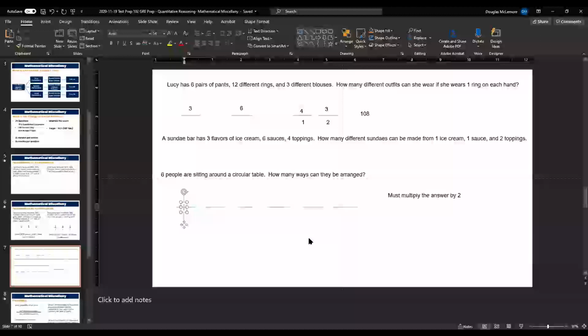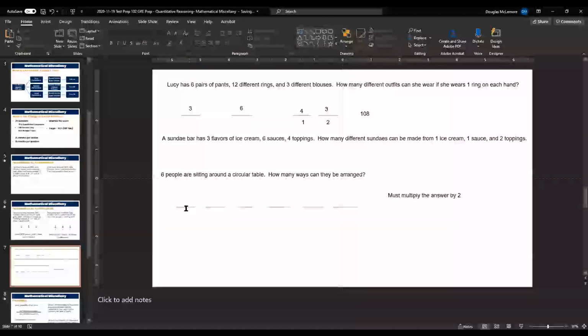So therefore, only one person can sit in the quote unquote first seat because that one person defines the rest of the problem. Oh, so this is a circular table problem. Your first seat is one person. One person starts it. So how many people can sit in the second seat?